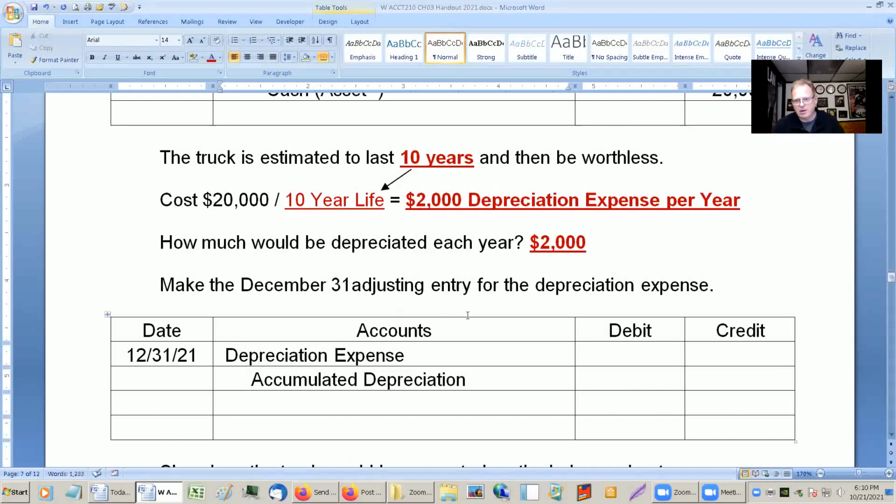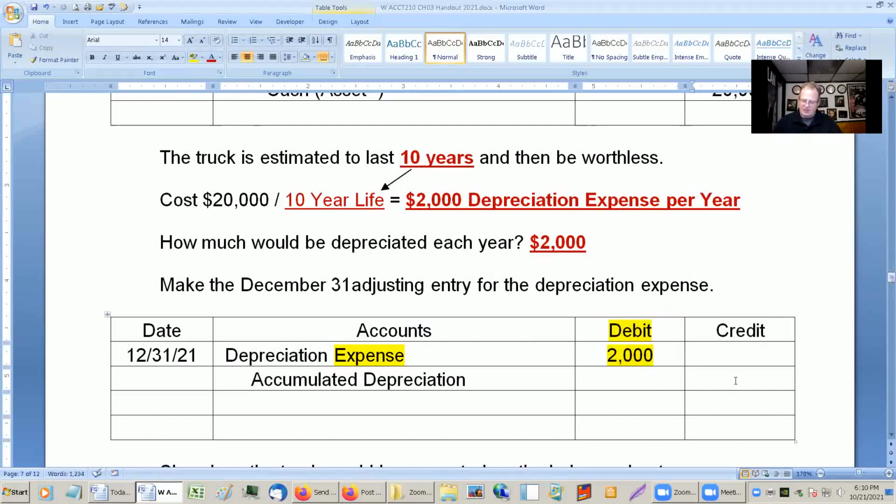And the nice thing about these adjusting entries, I think we talked about this last time, is that they always have either an expense or a revenue. And the expenses are always debits. So if you have an expense, it's a debit.